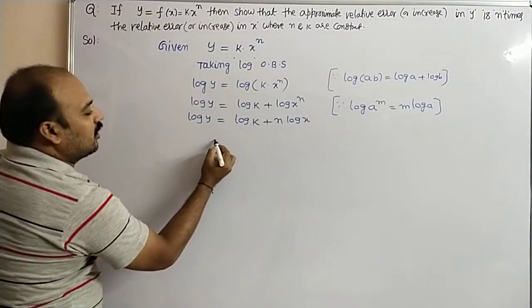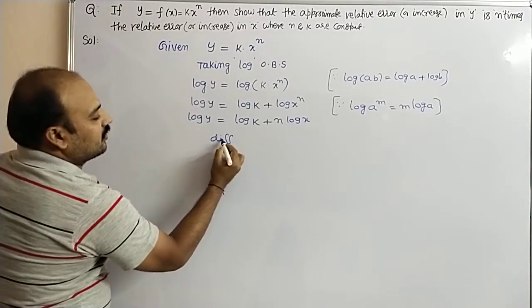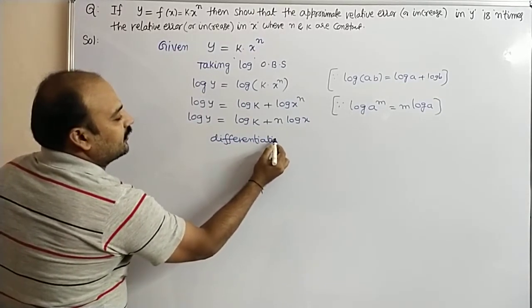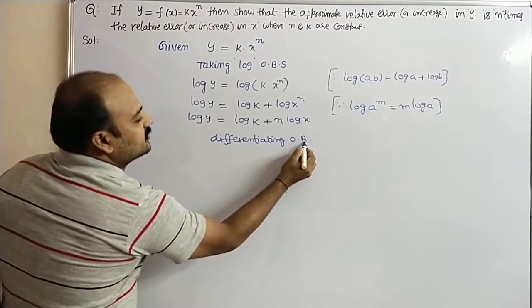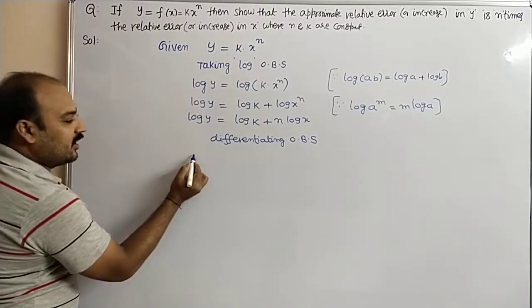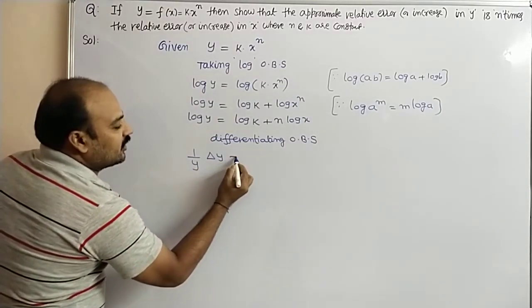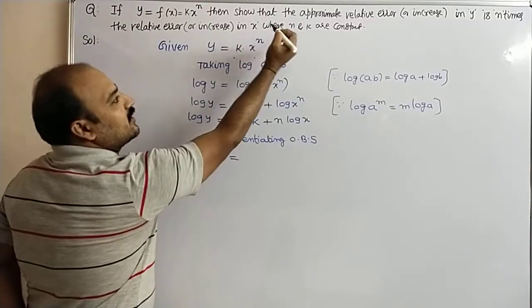Now differentiating on both sides. So log y derivative is 1 by y. Again y derivative is delta y. k is constant, already they mentioned.